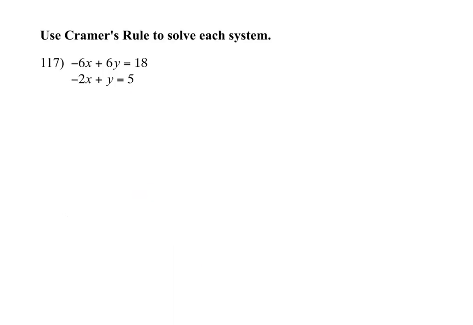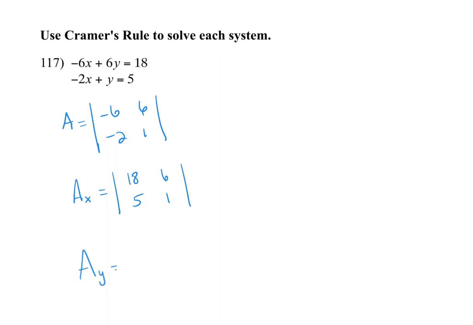For Cramer's rule, don't forget you have a coefficient matrix, all right? So you do your coefficients and find the determinant. Then you're going to replace the first column with your answers. That 18 and 5 replaces that first column, and you're going to have an X matrix. And then you're going to have a Y matrix. Replace the second column with those answers.